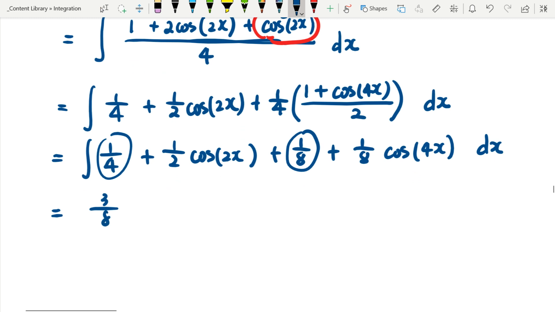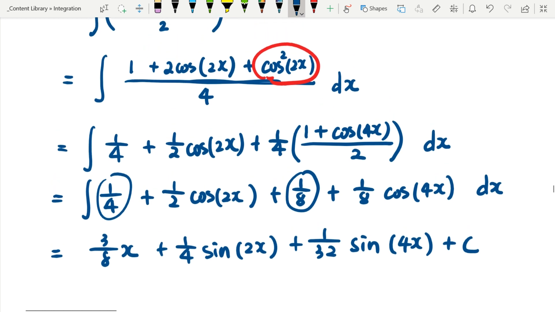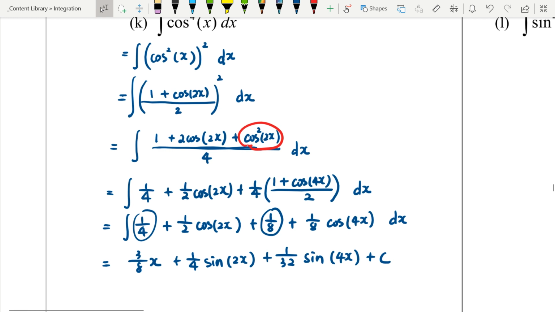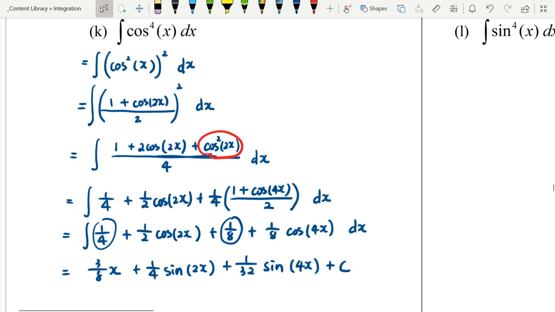So that's 3/8 x plus a quarter sine 2x plus 1/32 sine 4x. Okay, so if it's power 4, you need to use the double angle formula again. Well, you can try sine to the power 4 by itself, it's exactly the same one. You just use the other double angle formula to do it.